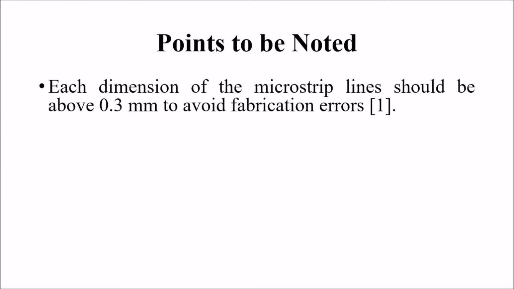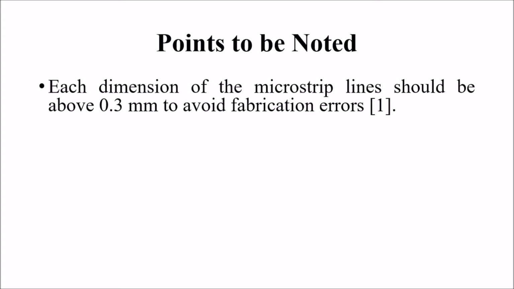Before starting step 1 of the etching process, points to be noted. Each dimension of the microstrip lines should be above 0.3 mm to avoid fabrication errors. Due to the excessive chemical reaction while etching, any dimension, including interspacing of the microstrip lines, that is below 0.3 mm can be damaged.